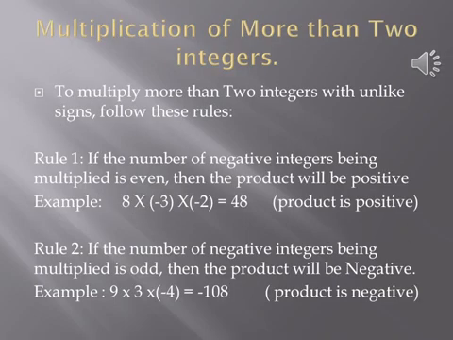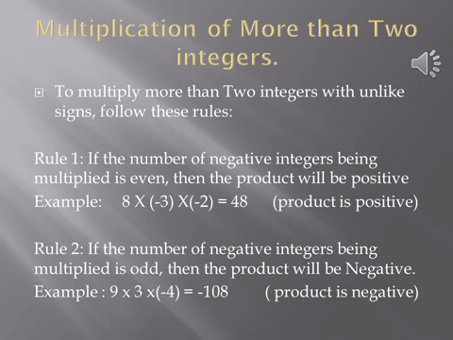If we have to multiply more than two numbers, then how to check which sign the answer will have? For that, we will count the number of negative signs in our problem.